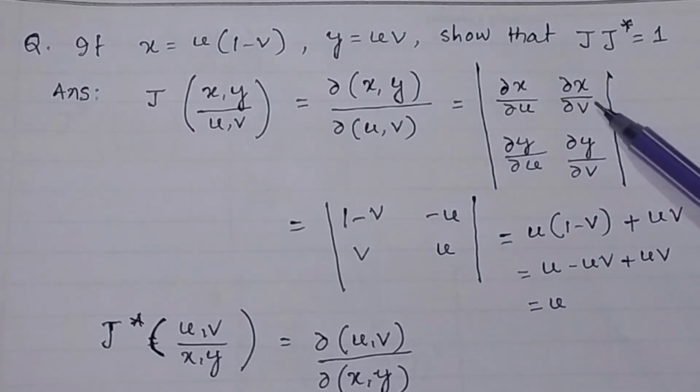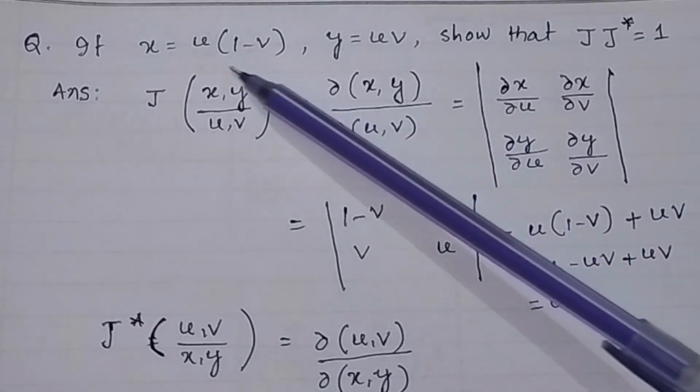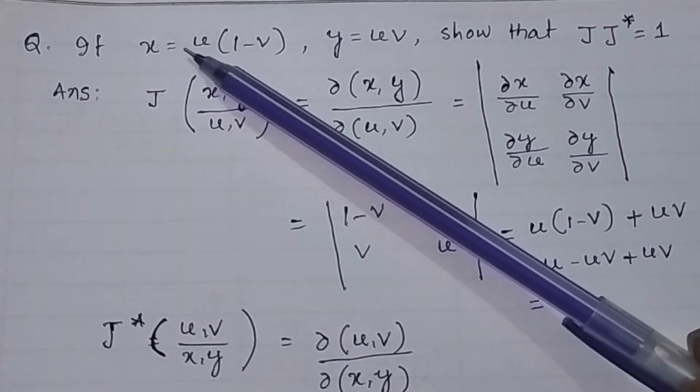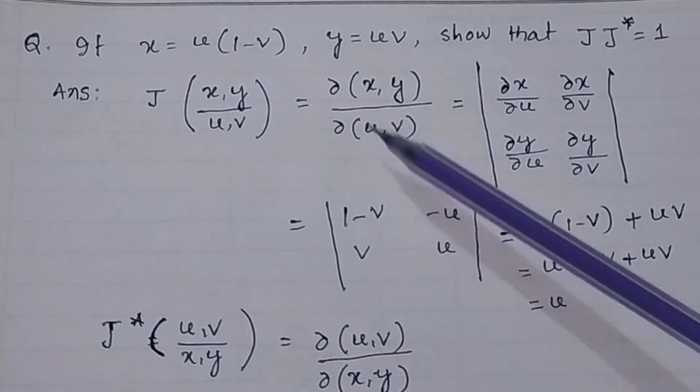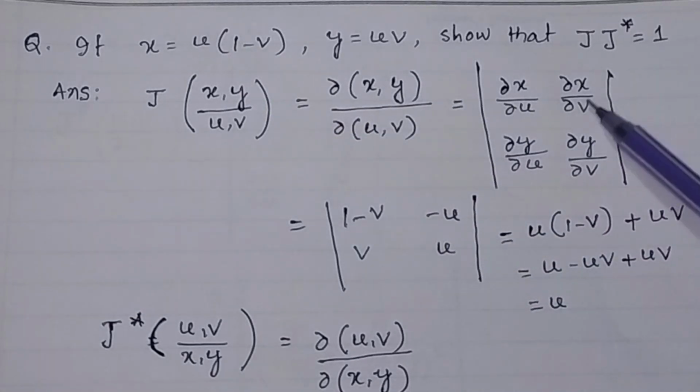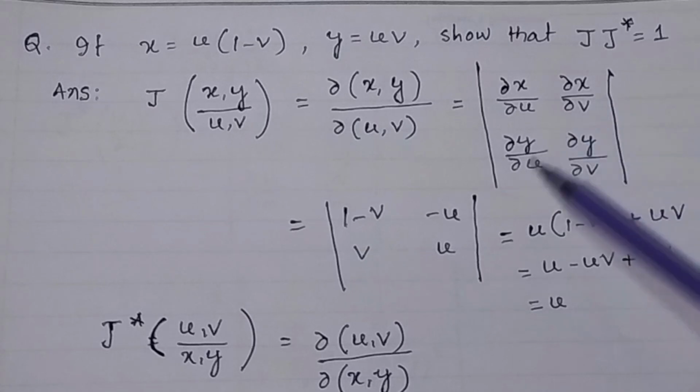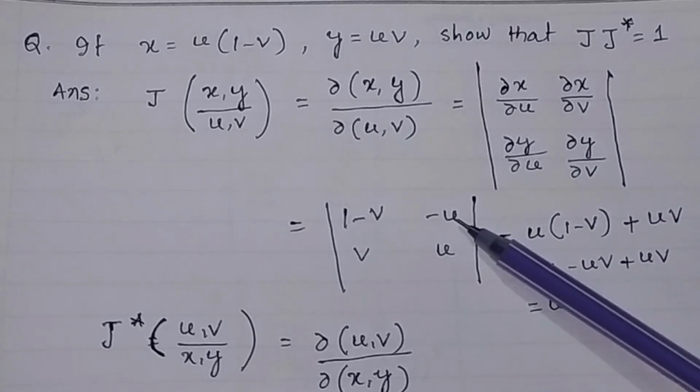And the partial derivative of x with respect to v will be equal to minus u.